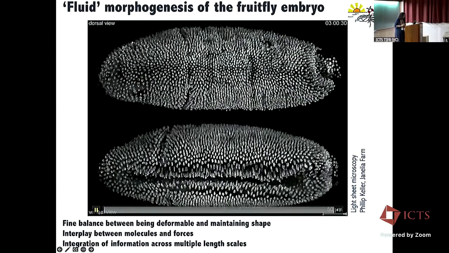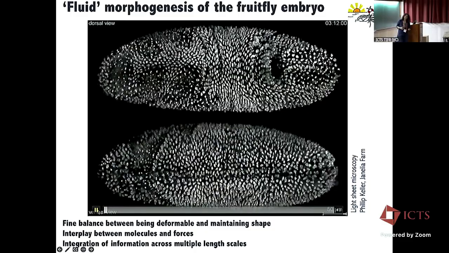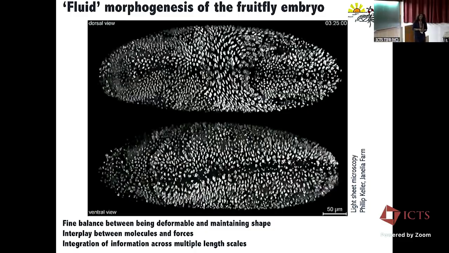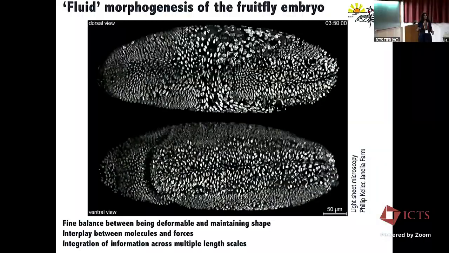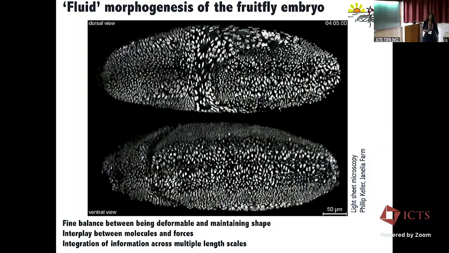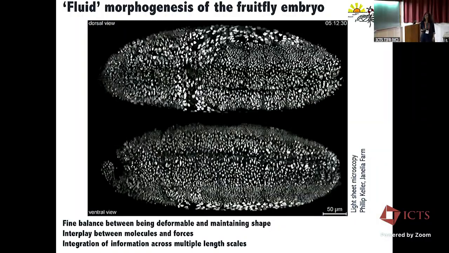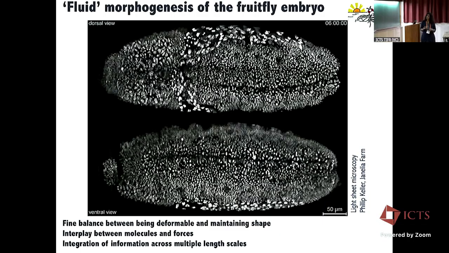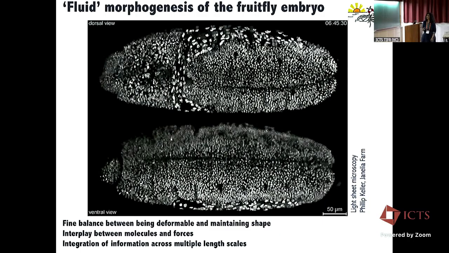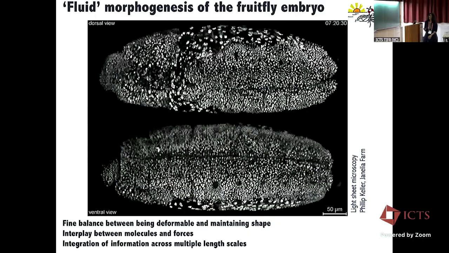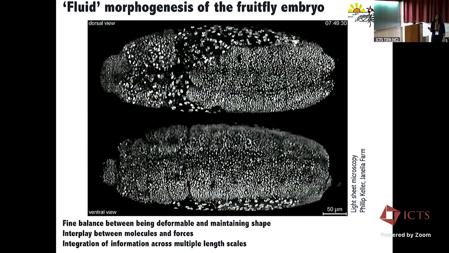And in these movies, every single nucleus of the embryo is labeled. So you'll see that in the process that makes an embryo become a maggot, there's a lot of juggling around of cells, a lot of deformations of cells, lots of movements of groups of cells. And you'll see some cells are large, like these ones here.